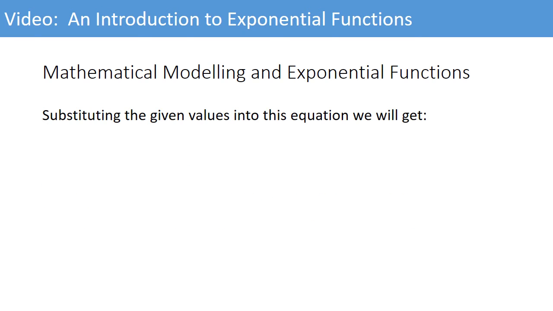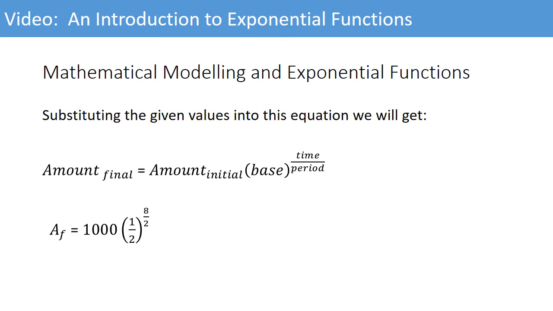Substituting into the equation, the final amount is what we're trying to find, so we'll leave it as a variable. The initial amount is 1,000. The base, half-life, 1/2, to the exponent time, 8, divided by 2, the period.